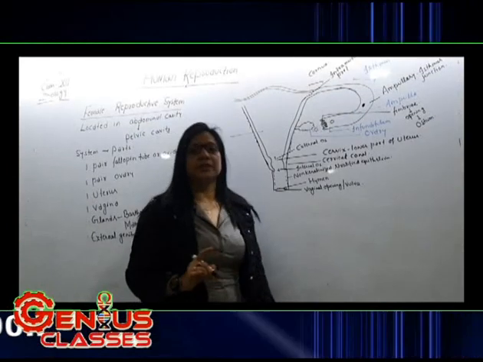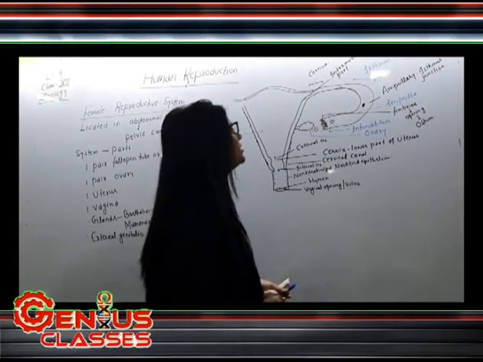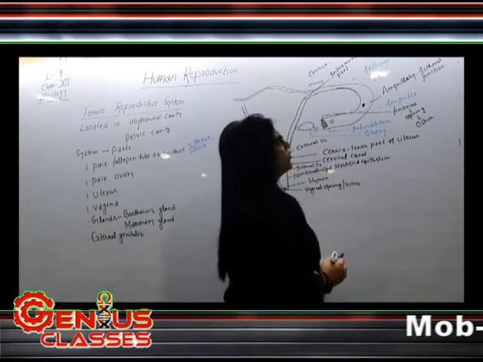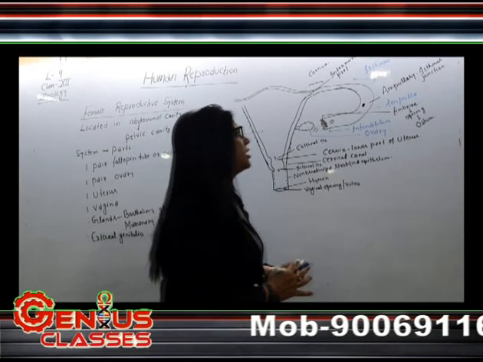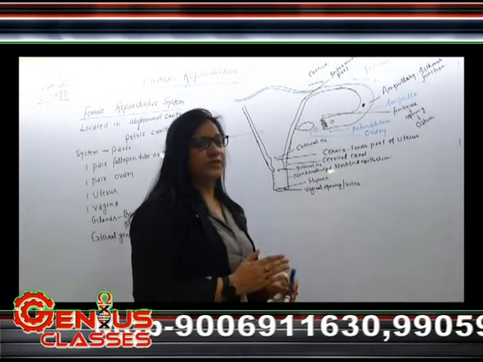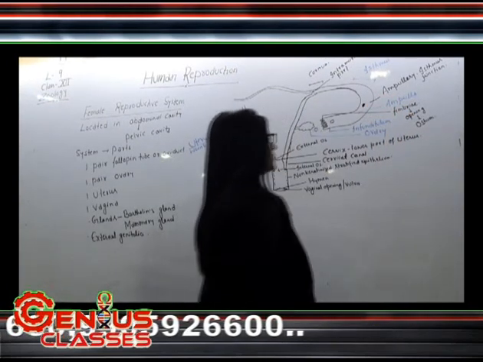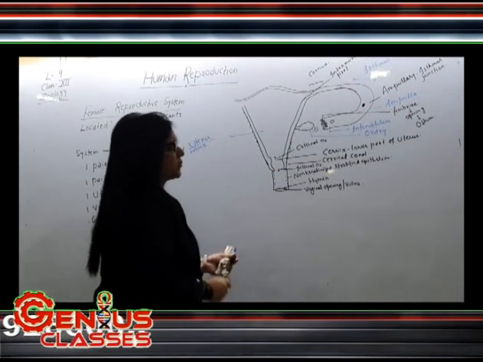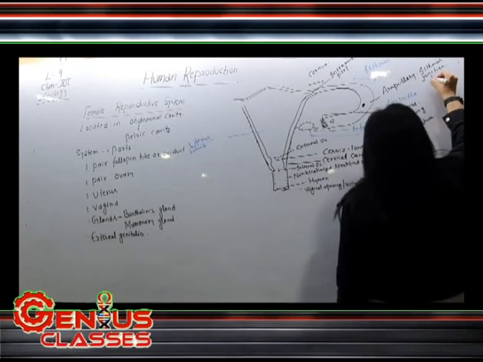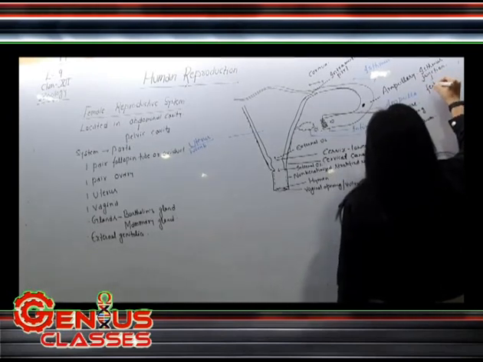This question has been asked many times: where does fertilization take place? You have to go with the option ampullary isthmus junction. If there is only ampulla, then you have to go with ampulla. So fertilization takes place at the ampullary isthmus junction.